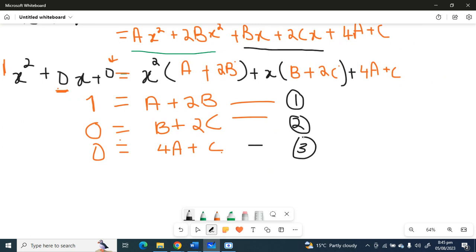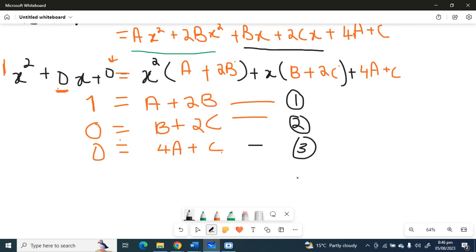So now simultaneous equations, you're usually dealing with two equations. So here we have to manipulate one equation such that we can substitute it into another equation so that we remain with two equations.